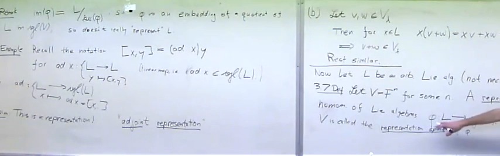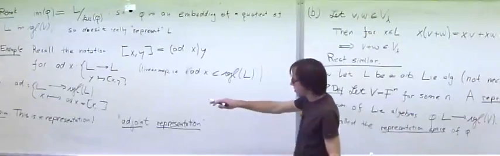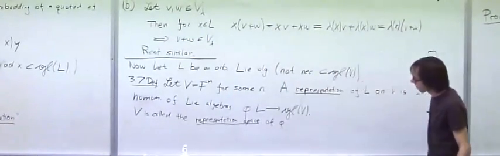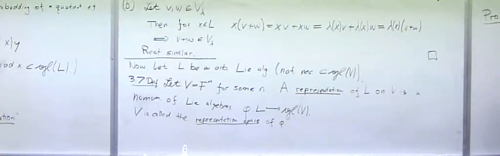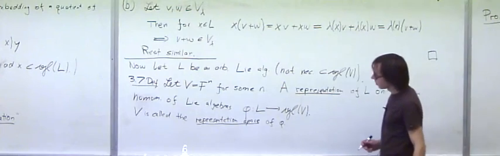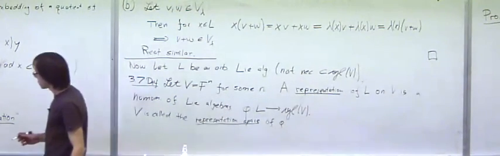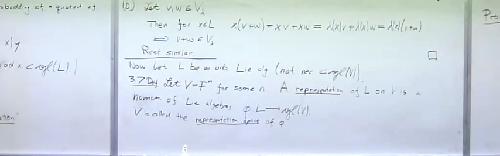Now we have to prove that this map phi, which is this map ad here, is a homomorphism of Lie algebras. So the first property is to show that ad is a linear map. Well, again, the bracket is by definition of a Lie algebra bilinear.